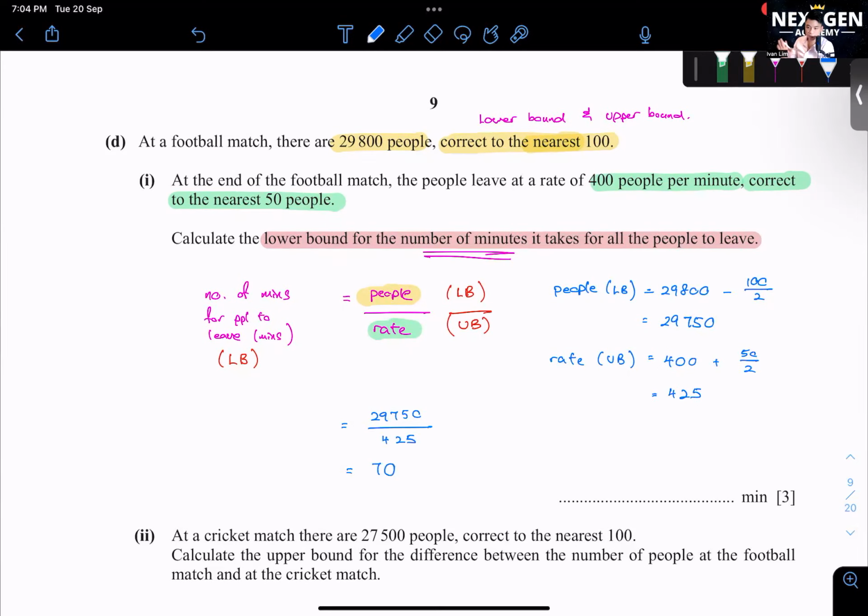If you don't know this part, upper bound and lower bound, go to 1.3, ratio and proportion. Let me just double check.